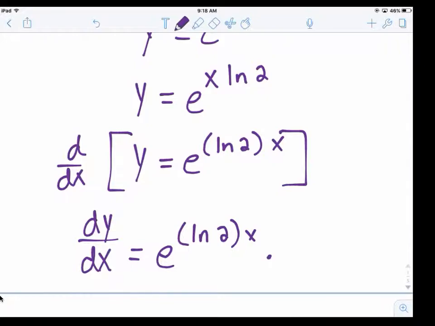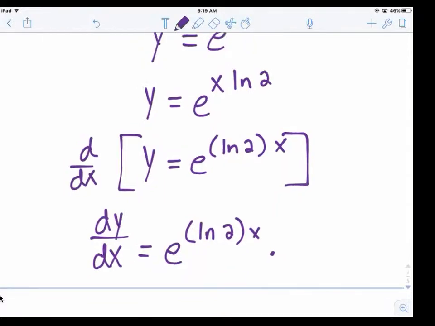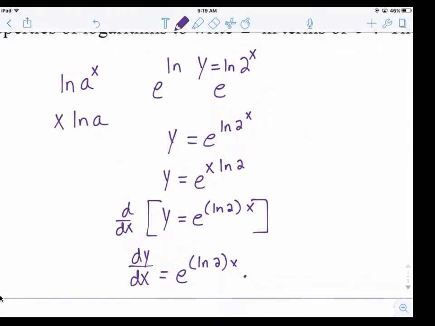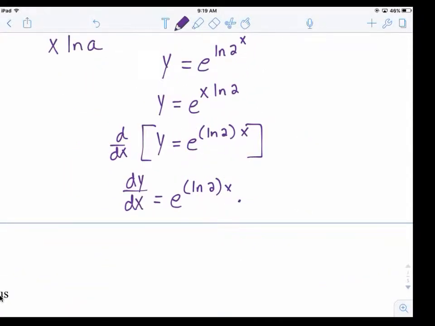Times now, what's the derivative of the exponent? Again, this is a constant, so you have a constant times x. So when you take its derivative, you're just left with the constant. So you're just left with ln of 2, right?